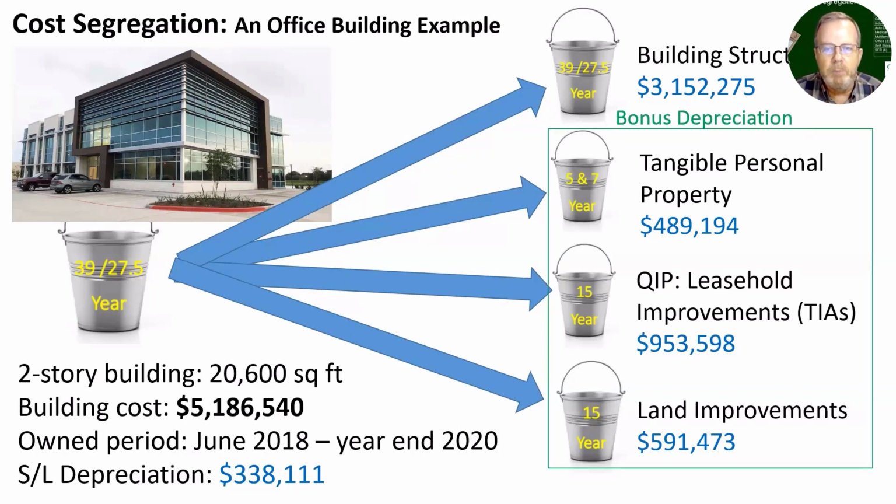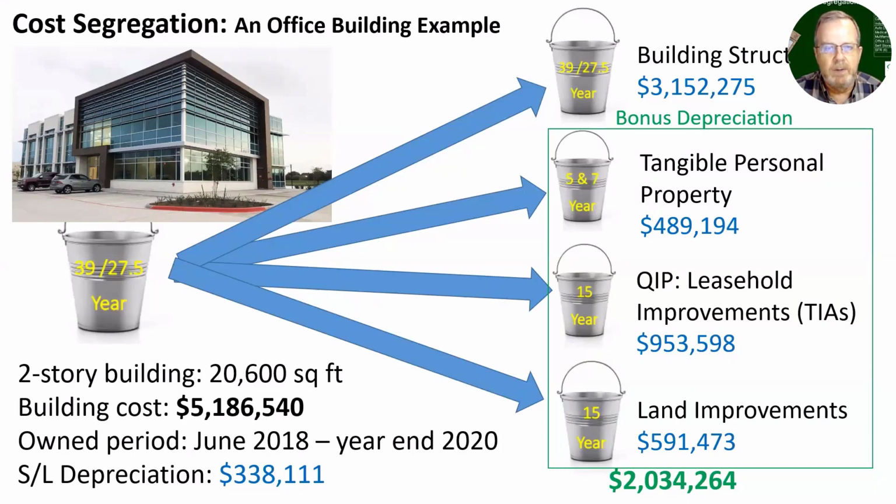All these things in this green box are less than the 20-year asset life, which means they're eligible for bonus depreciation. You add all these things up in the green box, you now have a little over $2 million in depreciation that they can record in the current tax year, as soon as we did the study. So that's quite a difference from $338,000 in accumulated depreciation to over $2 million in 1 year.